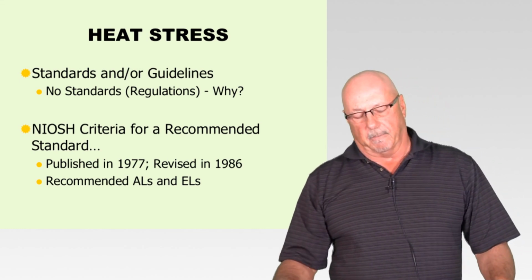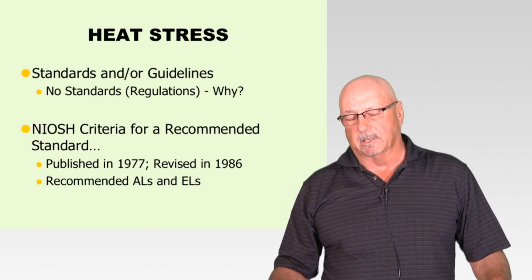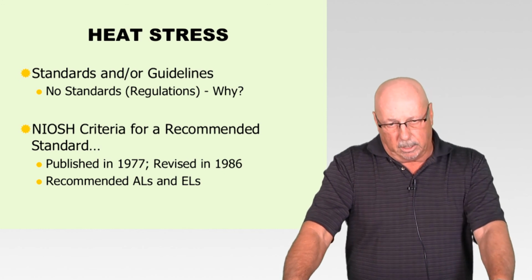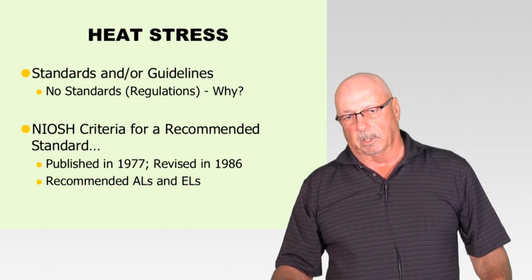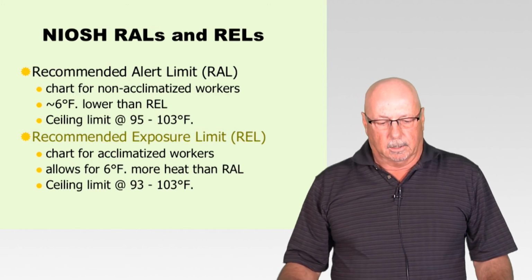And NIOSH does have a recommended standard. It was published in 1977 and again revised in 1986, and they did have some recommended exposure limits and action levels for heat.